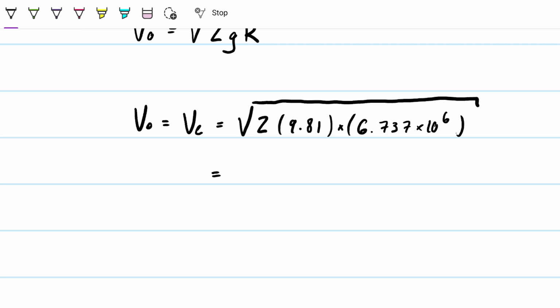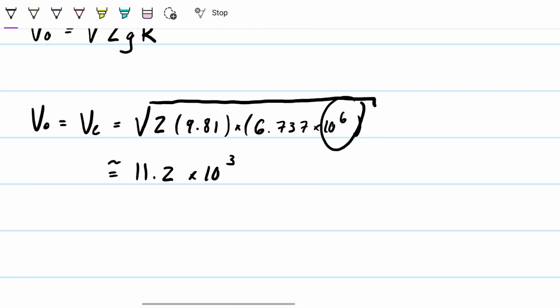And this turns out to be about 11,182. We're going to do approximately 11.2, and this is times 10 to the 3rd, because this is to the 6th, then it becomes the 3rd, and that is meters per second.